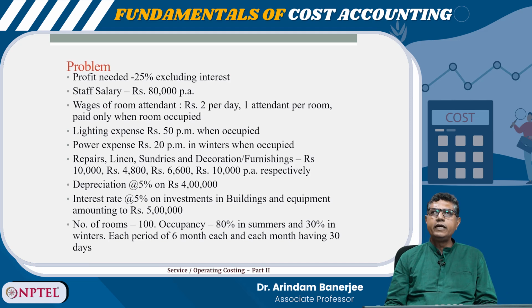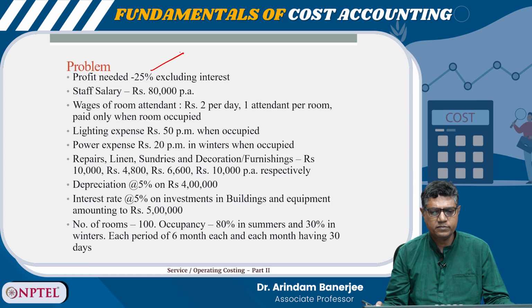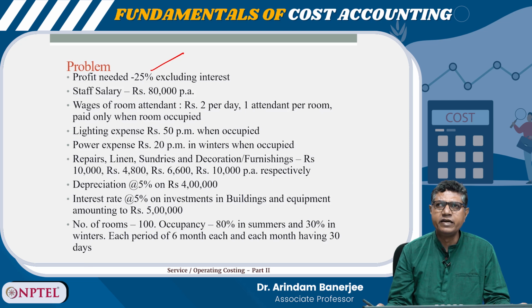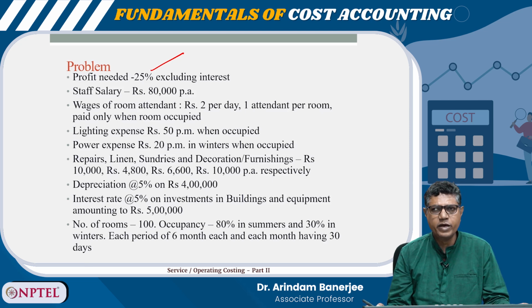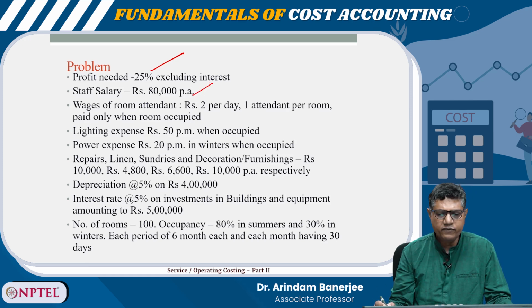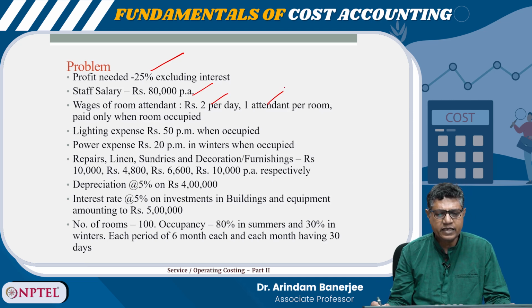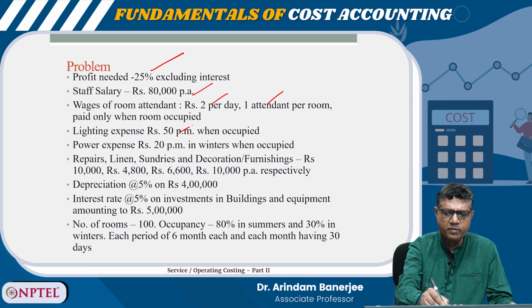Okay. So here is one problem, right? The specific information items given here: first is profit needed, that is 25% excluding interest. Staff salary 80,000. Wages of room attendant 2 per day, 1 attendant per room. Lighting expense 50 per month.